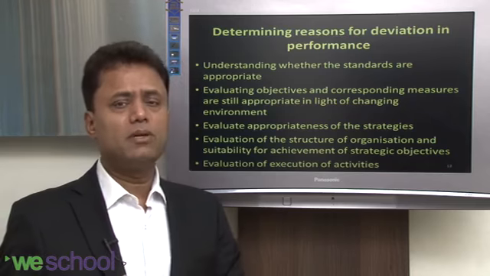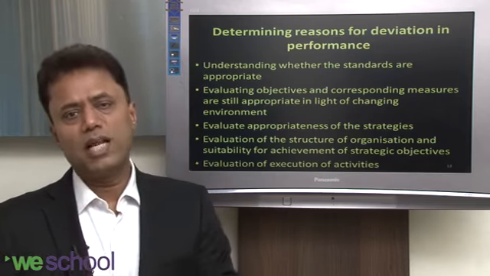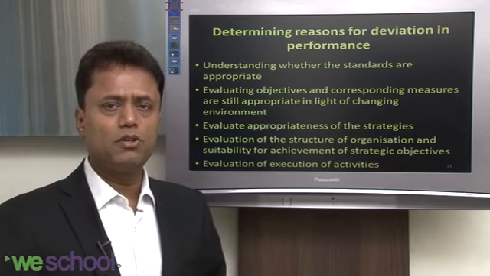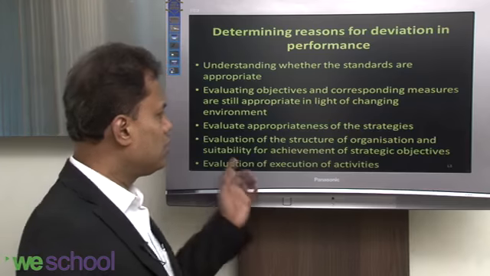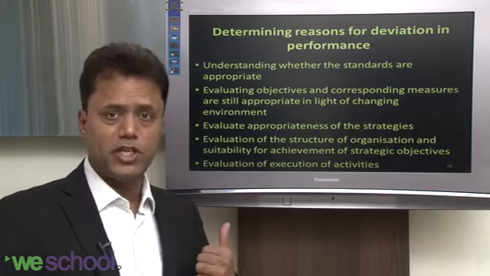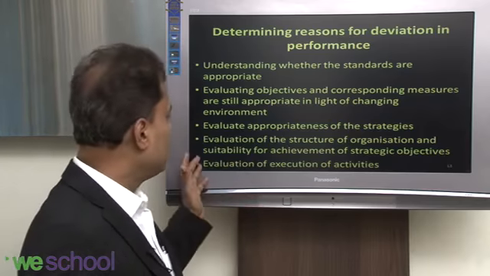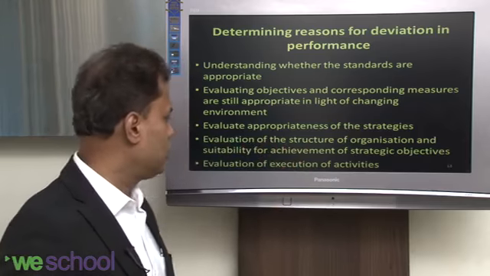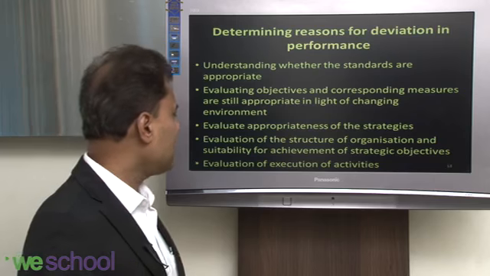So you might have to adopt a matrix structure, which will be more collaborative and bring a change approach, organizational change approach in terms of strategy execution that we have seen in the last chapter. So I'm just relating it. Evaluation of structure of the organization and suitability of achievement of strategic objectives is very important.